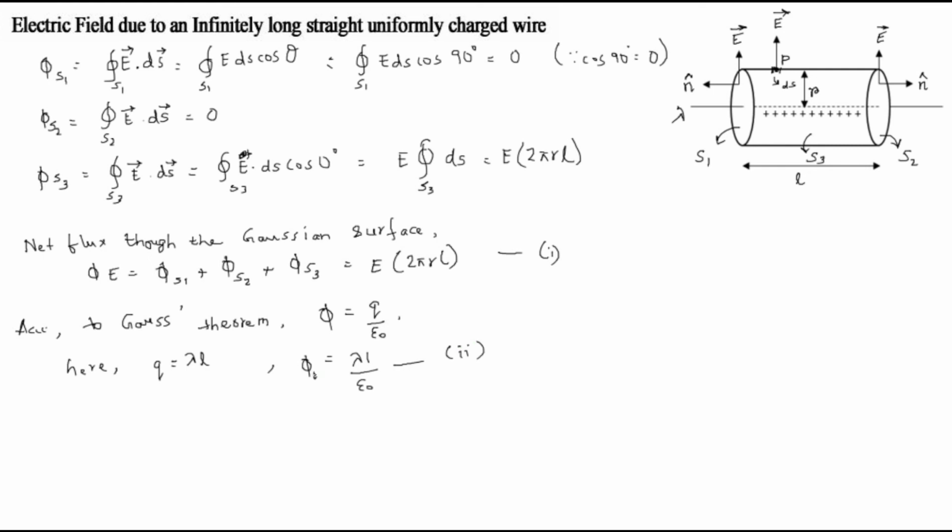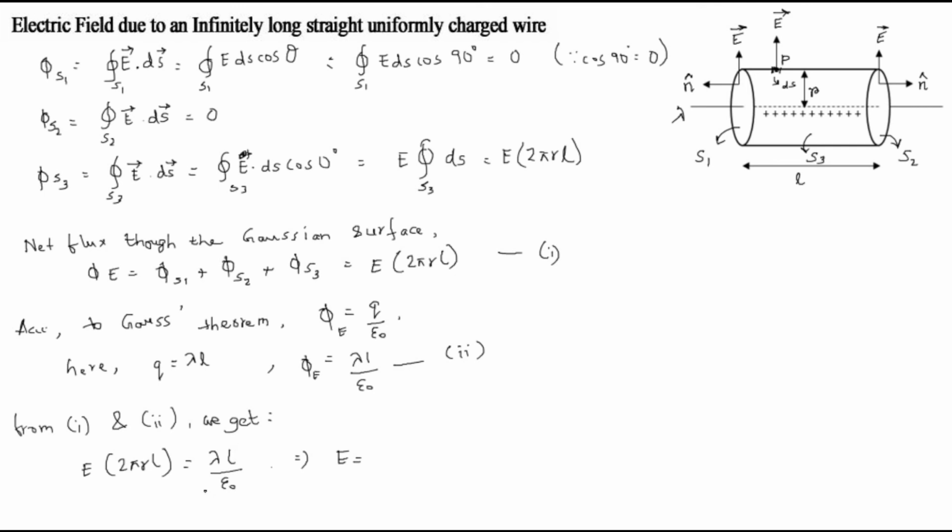So it is actually flux phi E. From 1 and 2, we compare the two equations and get E into 2 pi R L is equal to lambda L by epsilon naught, and hence we can equate it as E is equal to lambda.